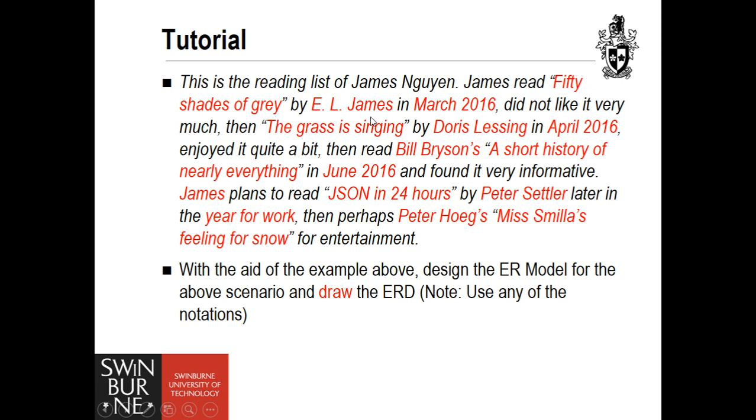E.L. James we can consider as an author. March 2016 we consider as a month or year read, consider time. And then this one, I enjoy, it's quite a bit, is considered as a comment.